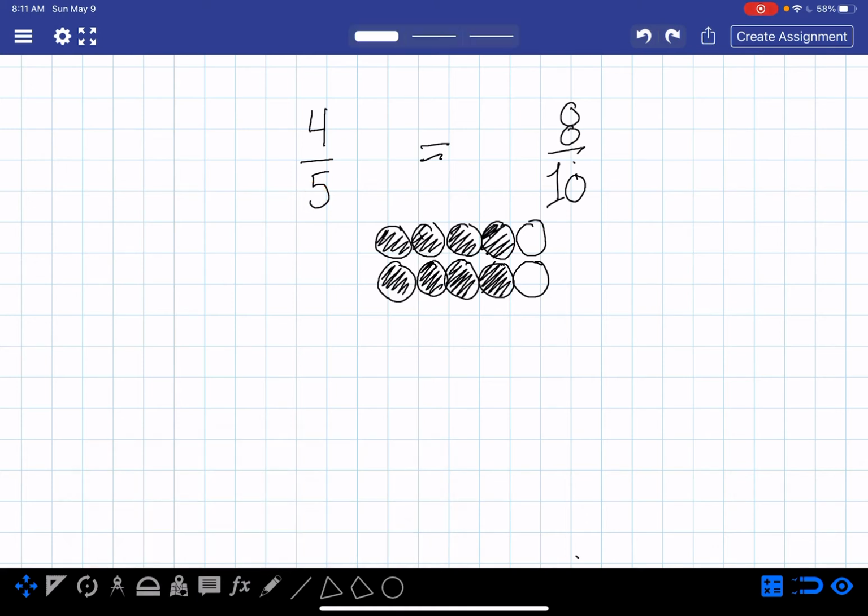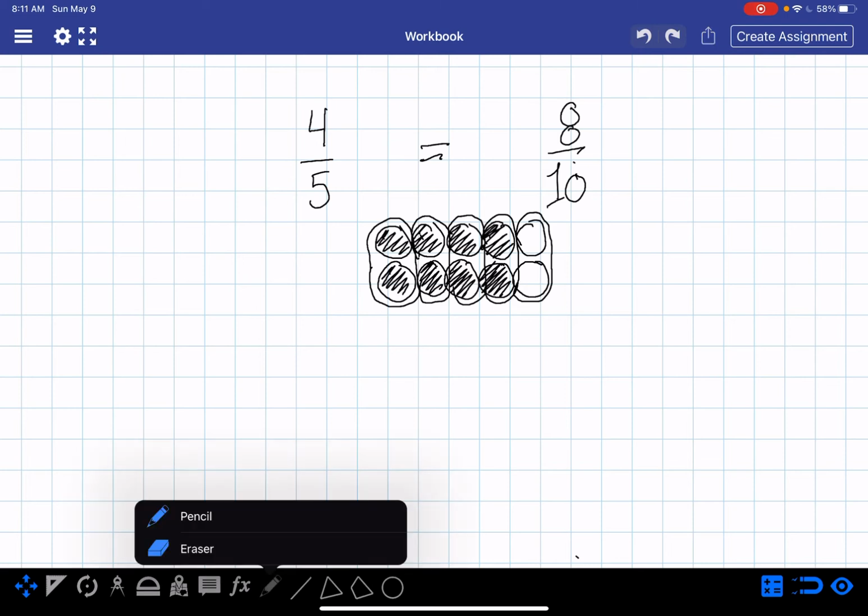Okay, so to make 5 groups, here's 1 group, 2 groups, 3, 4, and 5. Okay, so all of a sudden you see 8 tenths, right? But then you see 4/5 as well. I didn't add another group. I didn't color any more counters. So that tells you that the fractions are equal.